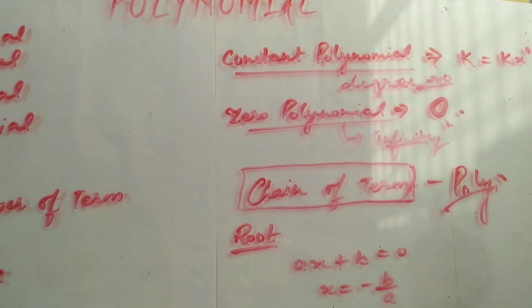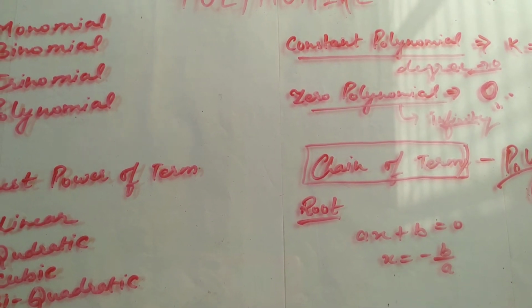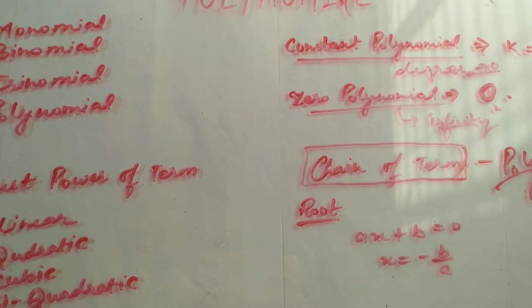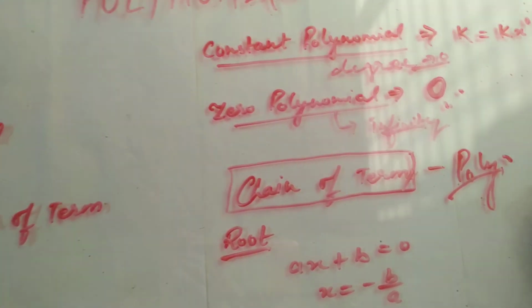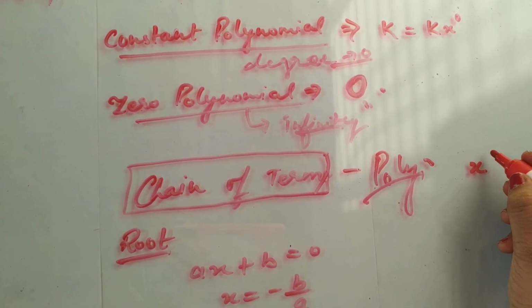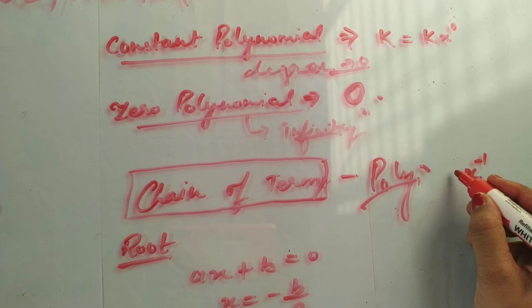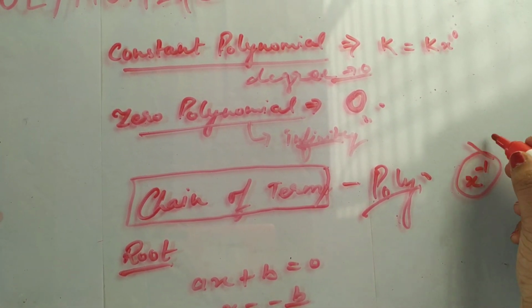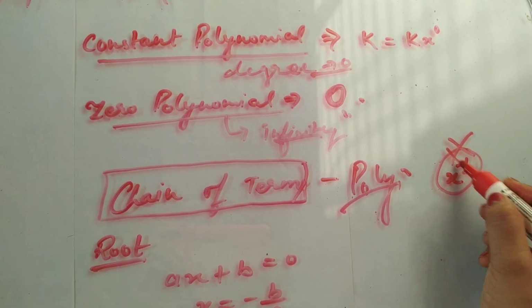And the degree of x can never be less than 0. It is always a non-negative integer, or we can say a whole number. The degree of x is never negative. We can't say that x to the power minus 1 is a polynomial. No, it is not a polynomial, because the degree is never negative.